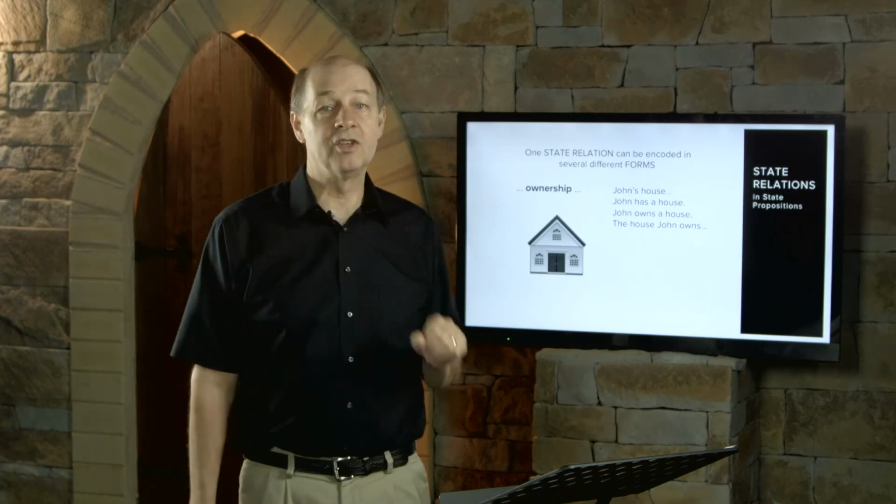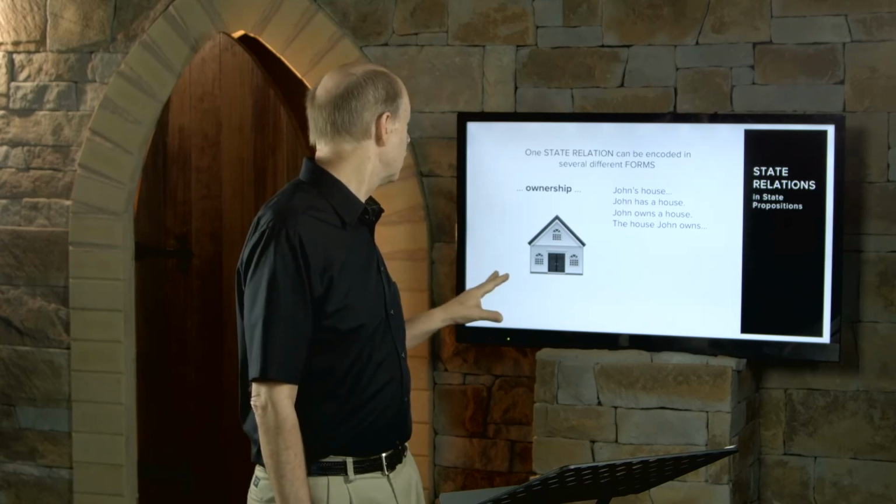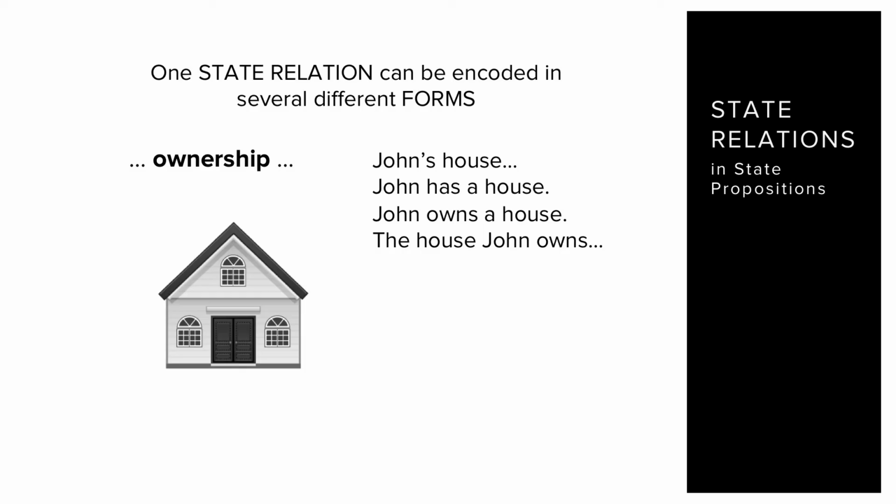Now, we need to keep in mind, just as with event propositions, with state propositions also, a single state relation could be encoded in several different forms. Again, the context will determine how it is actually stated. All of these statements represent the same basic state proposition. They're just stated slightly differently because the context demands it.